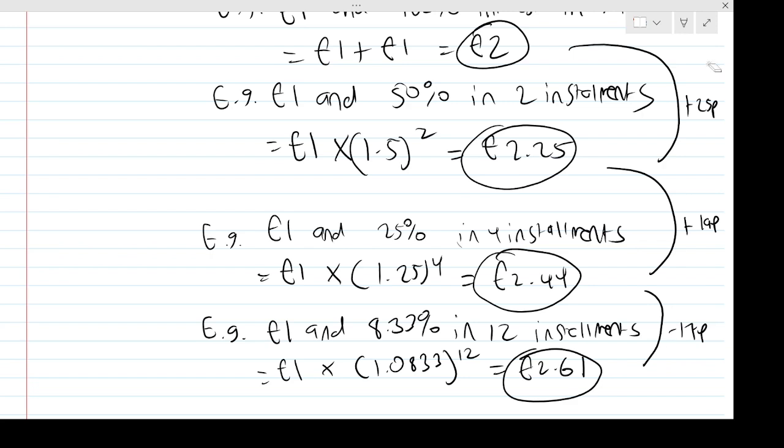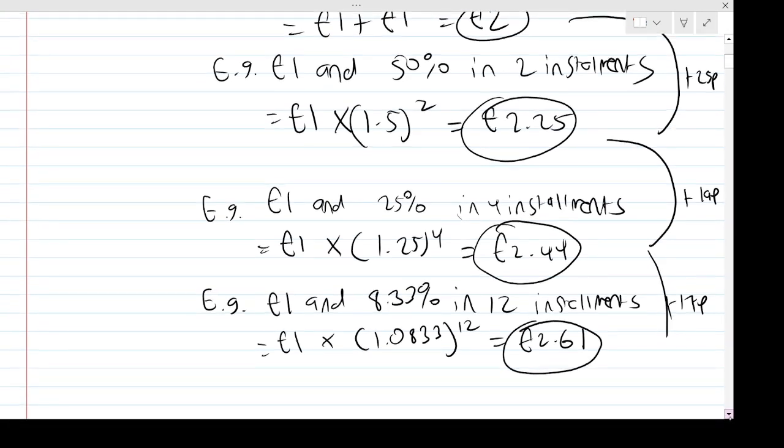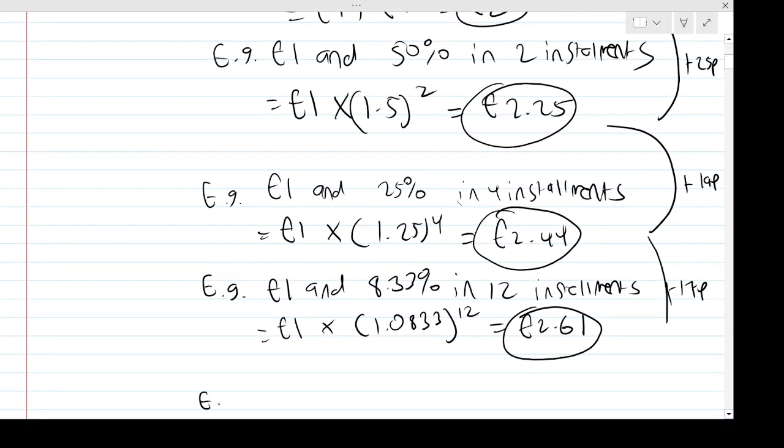And then let's consider splitting it into 365 installments. So now let's say we have £1, and we're going to split the percentage into 365 installments. So it could be like every day, right?